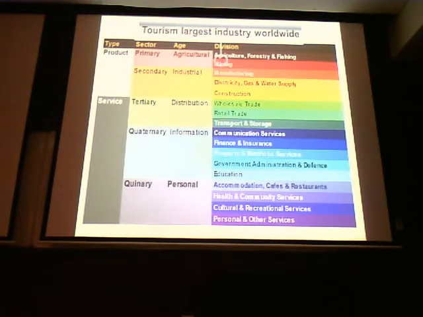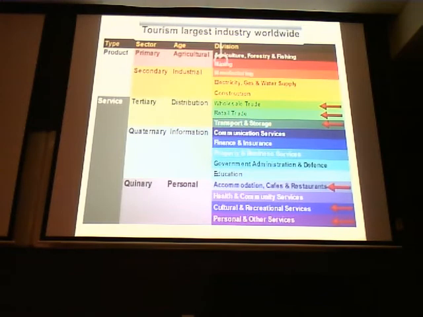Personal, yeah, it'll be here, won't it? Accommodation, hotels, would it be here? Airlines, absolutely. It's also retail and travel agents. When people say tourism is the largest sector in the world, it's in all of these sectors, and that's why it is the largest, because they gather a whole bunch of different sectors. Tourism's quite poorly defined, but it does employ a lot of people, and it's in a lot of these different sectors.